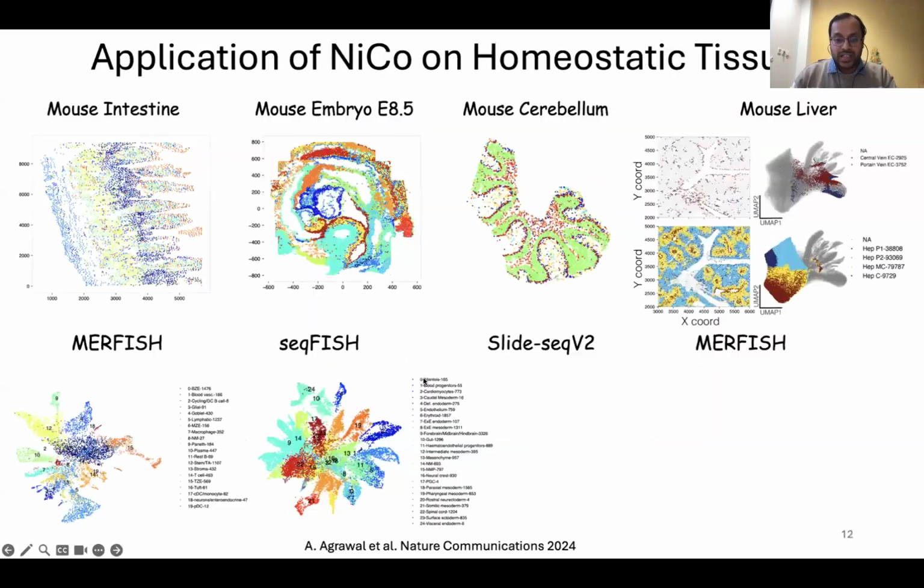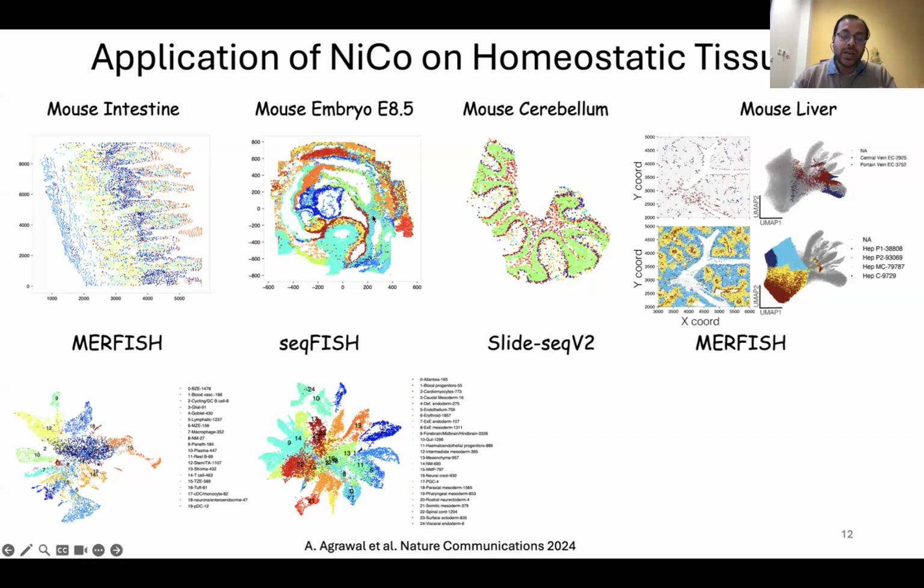And then we tested with different tissues, which come from different experiments and different spatial technologies. In the intestine, which comes from the Murphy's technology, we found crosstalk between the stem cell and the pinnate cell, and the pinnate cell, when differentiated from the stem cell, is also involved in some Wnt pathway signaling, which maintains the stemness of the stem cell.